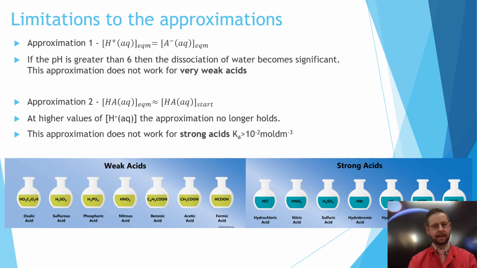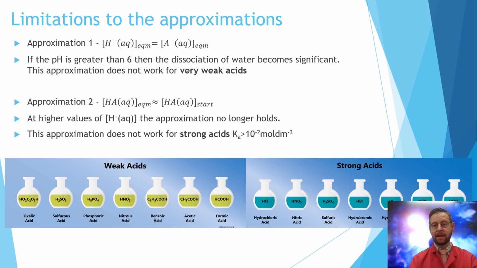So why is this a method that can only be used for weak acids? Well, it's because of those 2 approximations. If we go to very weak acids, those acids that are pH 6 or greater, so basically things that are acting as acids but generally at the neutral point or higher on the pH scale, then something else we're going to talk about down the line is that water starts to dissociate.